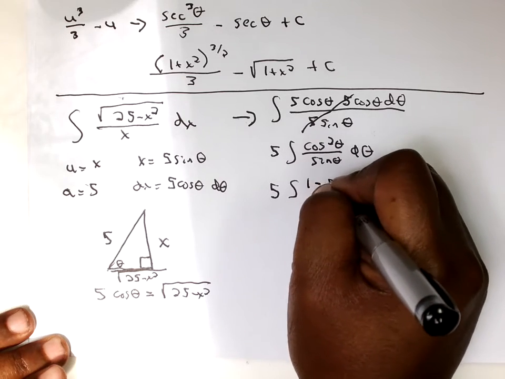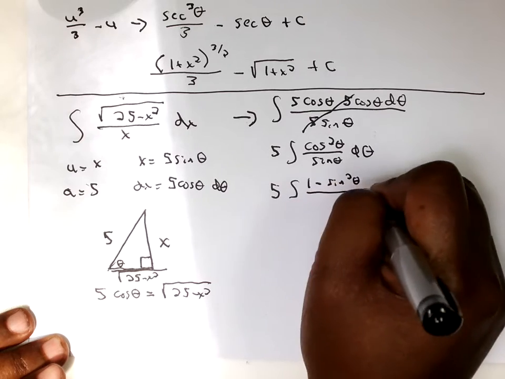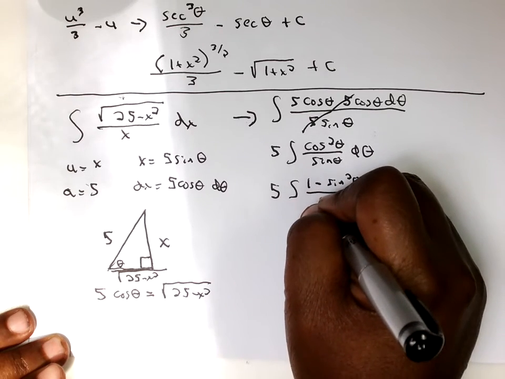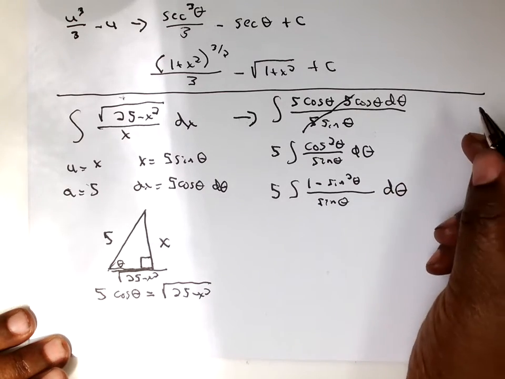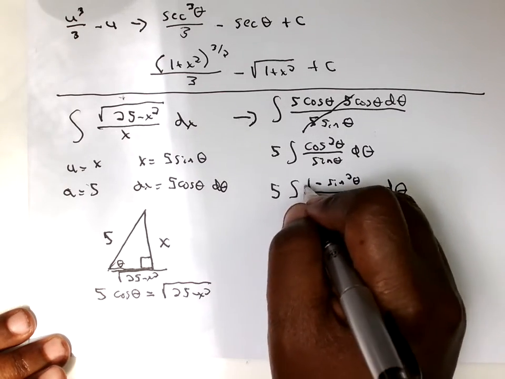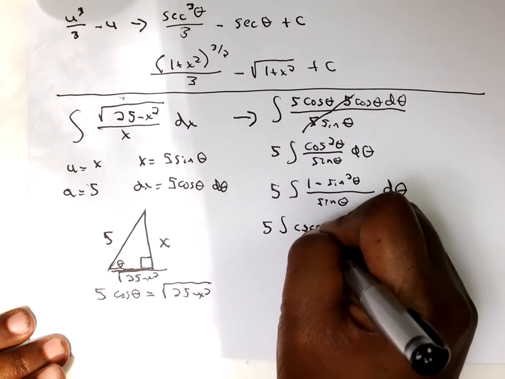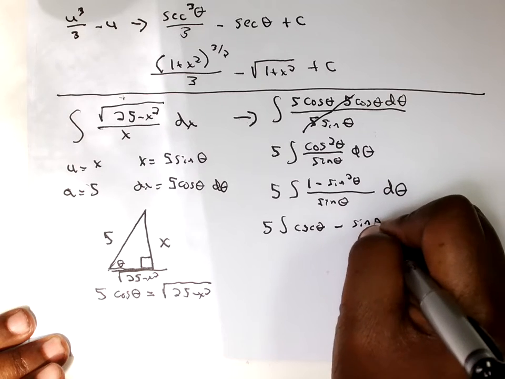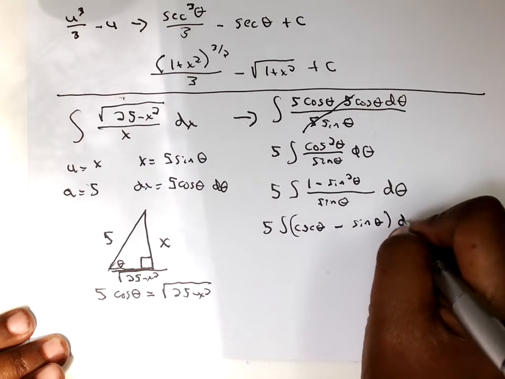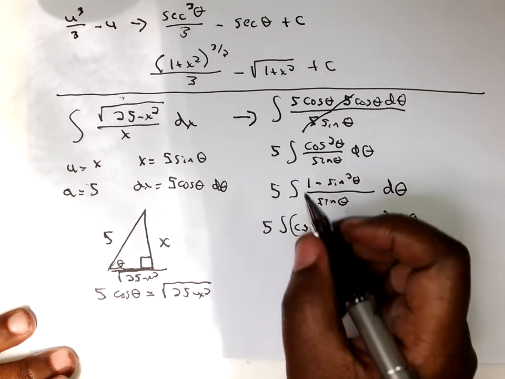So I'm going to do 1 minus sine squared theta on top using the trig identity over sine theta d theta. And then we can break these up. So 1 over sine theta is cosecant theta. And then sine squared over sine, we get sine theta d theta. And now we can integrate.